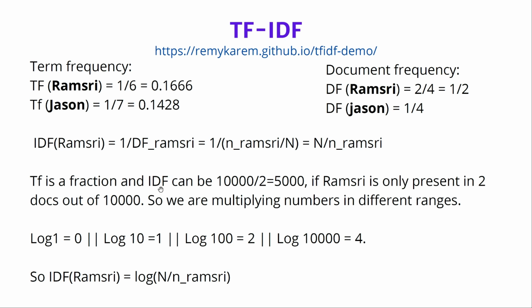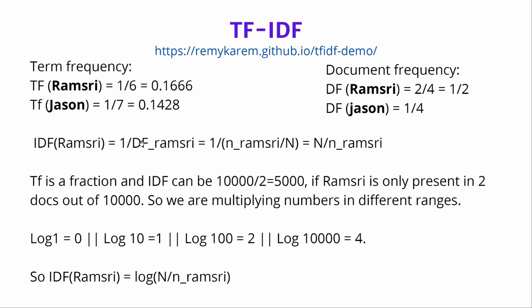Then the inverse document frequency of the word Batman is actually 10,000 divided by 2, the number of movies in which Batman comes. So the number could come out to be 5,000, and if you have 1 million documents and it comes in only 10 documents, then this number becomes very high, right?